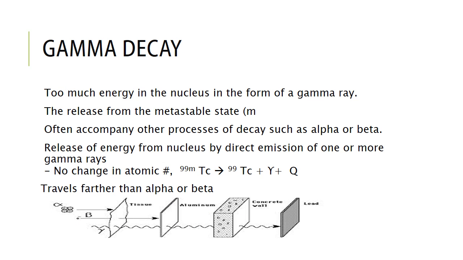Okay, and lastly, we're going to talk about gamma decay. With gamma decay, there's going to be no change in the atomic number, neutron number, or mass number in the nucleus after a gamma emission. Every gamma emission is going to be preceded by either electron capture, alpha decay, beta decay, or positron emission.